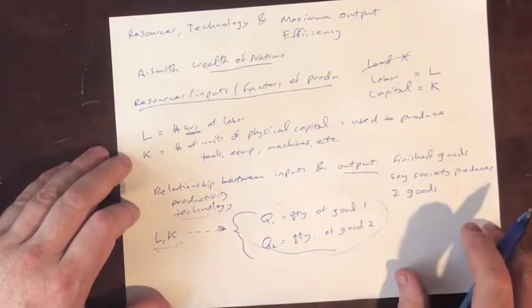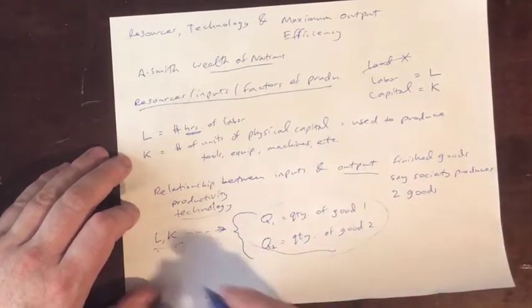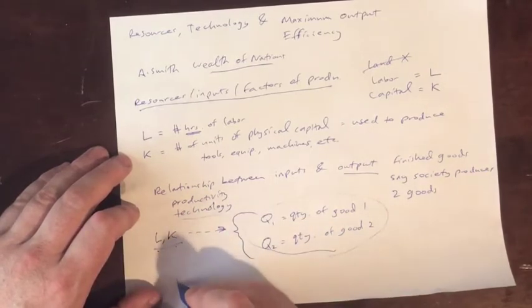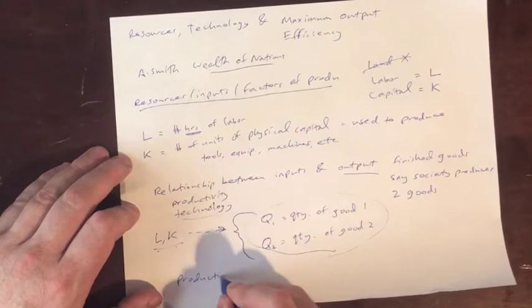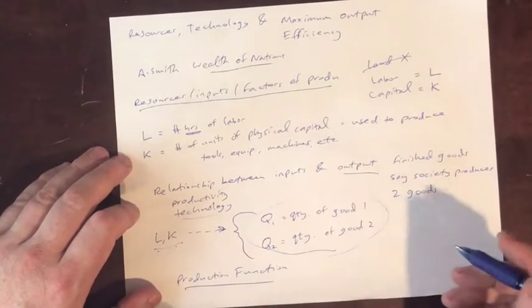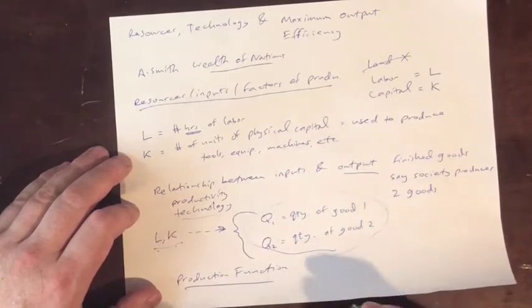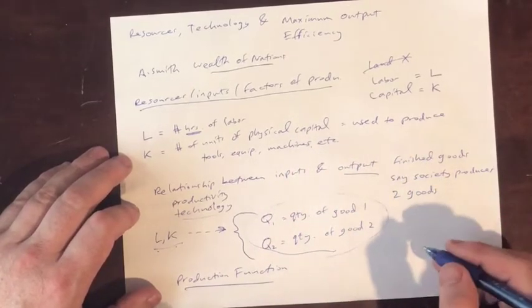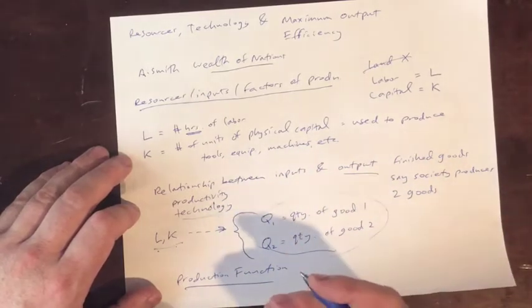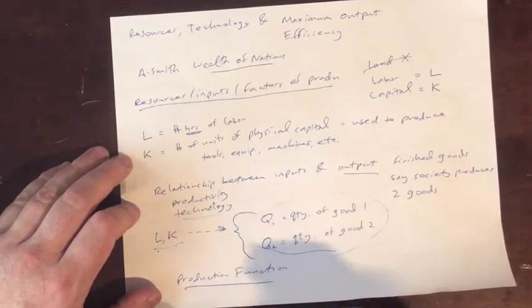And in neoclassical economics, microeconomics refers to this relationship by a mathematical function. This is called the production function. The production function represents a mathematical relationship between output and how much labor and capital has gone into it.